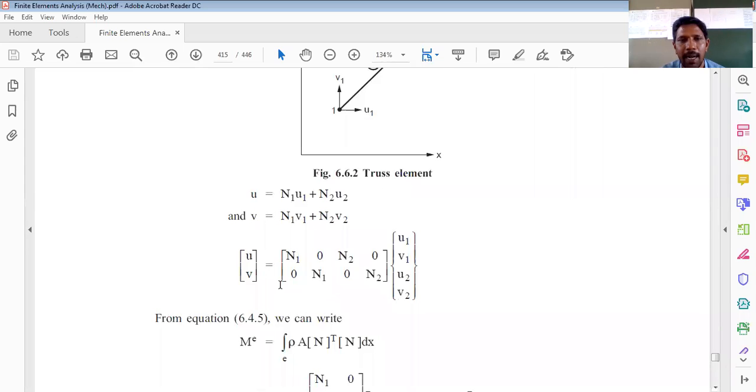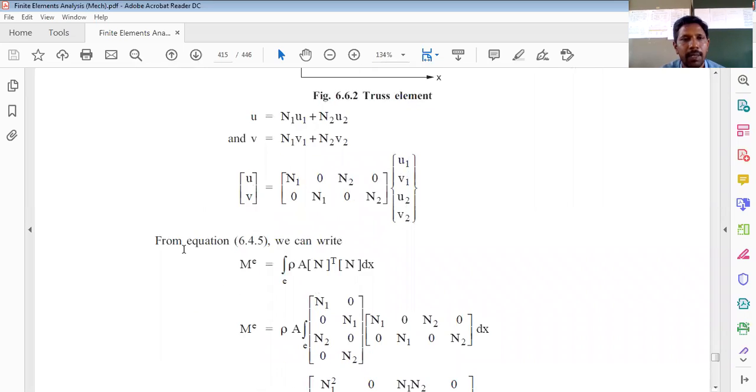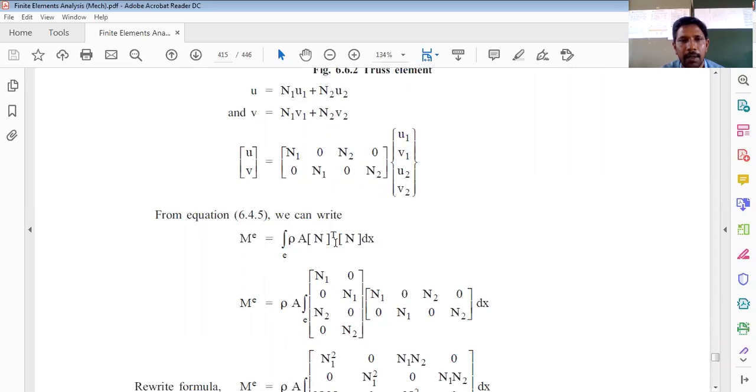And when you write in matrix form, it is [u v] = [N1 0 N2 0; 0 N1 0 N2] multiplying with [u1 v1 u2 v2]. So we know that the mass matrix equation is rho A N transpose N into dx integration of it. So we know the N matrix, a column matrix, that is the transpose matrix, and a row matrix.